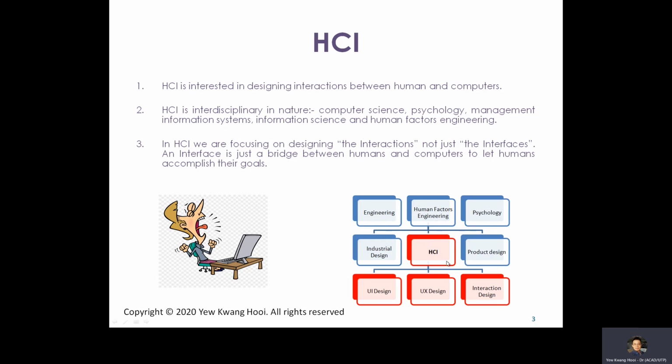HCI is one of the components. What do we have under HCI? These are important. What do we have under HCI? User interface design, user experience design, and interaction design. So good user interface, good interaction will give the user good user experience.